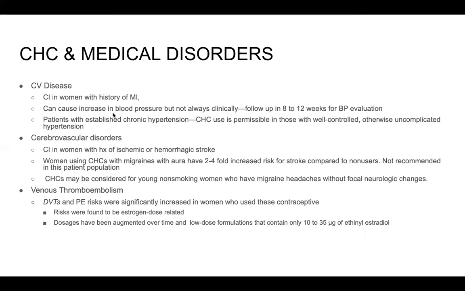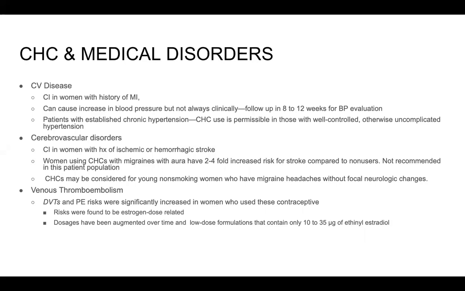It can increase blood pressure, but not always clinically. So if you do start someone on a combined hormonal contraception, you need to have a blood pressure check in 8 to 12 weeks to make sure that it hasn't spiked.